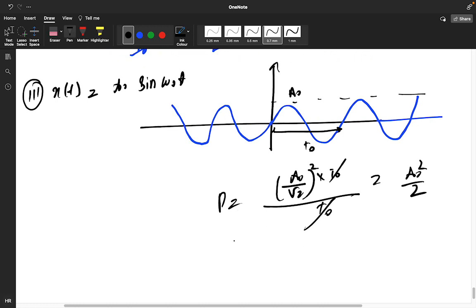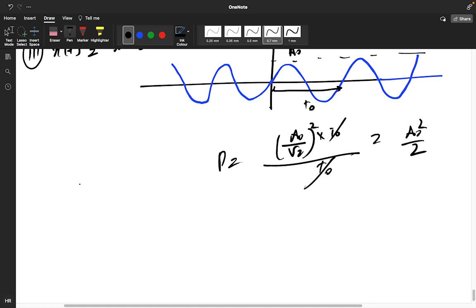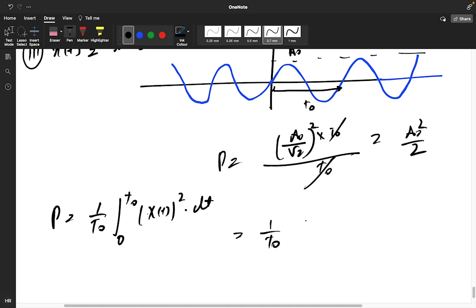So very simple. And if you want to do it with the calculation, do like this: 1 by T naught, 0 to T naught, x of t the whole square into dt, 1 by T naught, 0 to T naught, A naught sine omega naught t the whole square into dt.